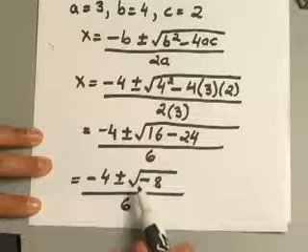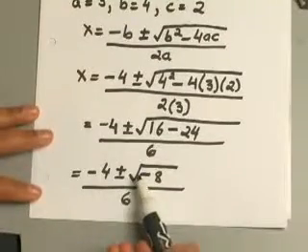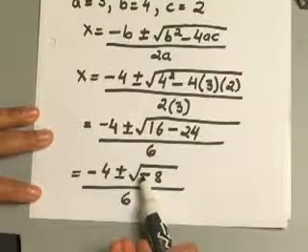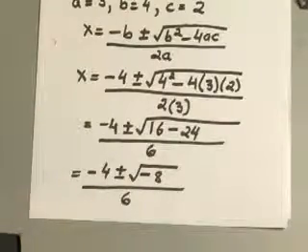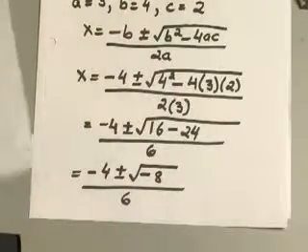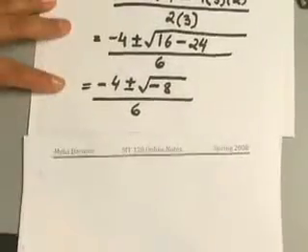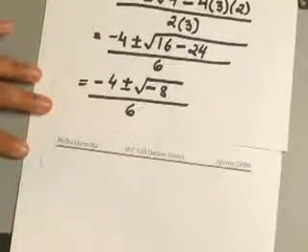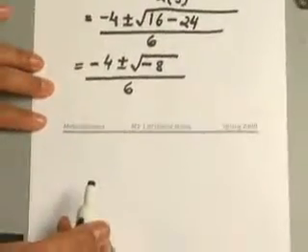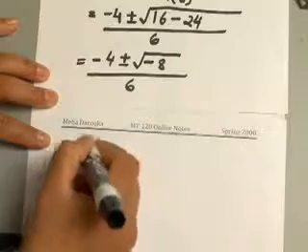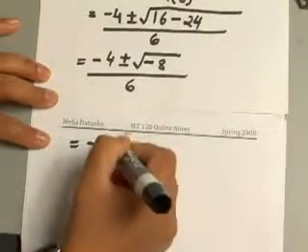Okay, so let's go ahead and see what do we do now. Now remember, again, you want to get rid of that negative inside the square root. So we'll go ahead and use our number i, and let's go ahead and see what happens next. Okay, so you have negative 4 plus or minus.